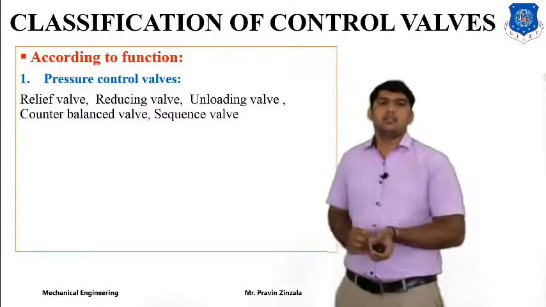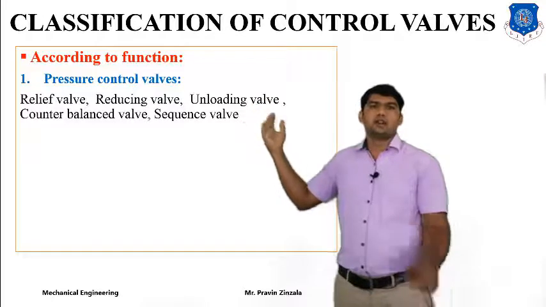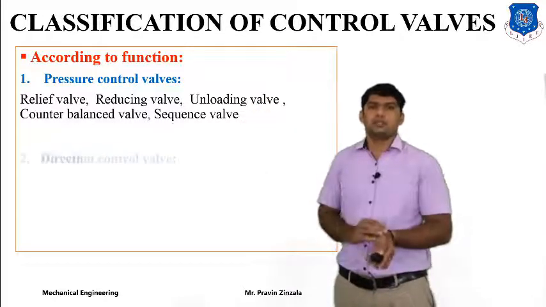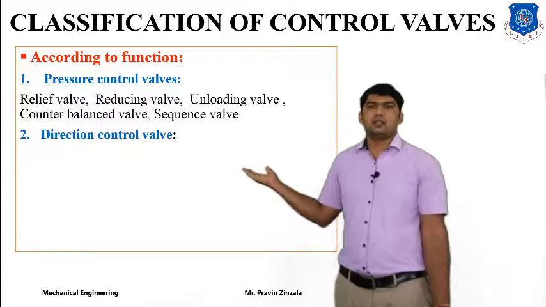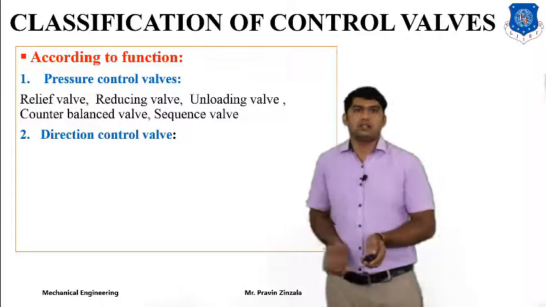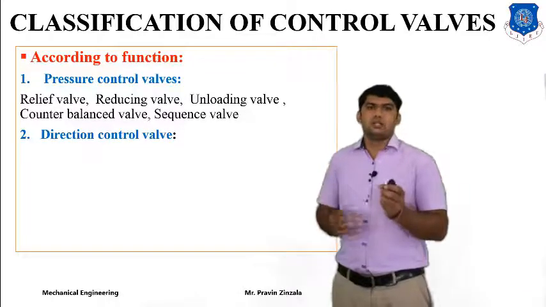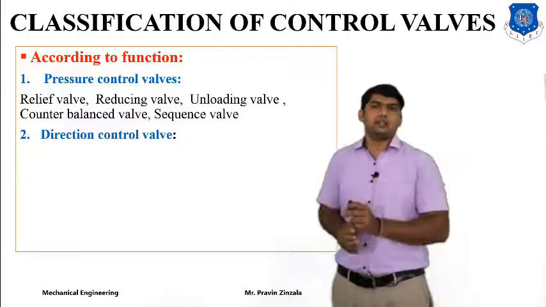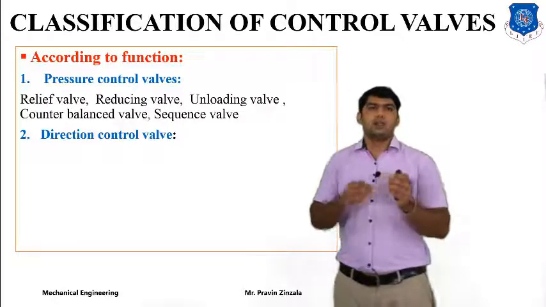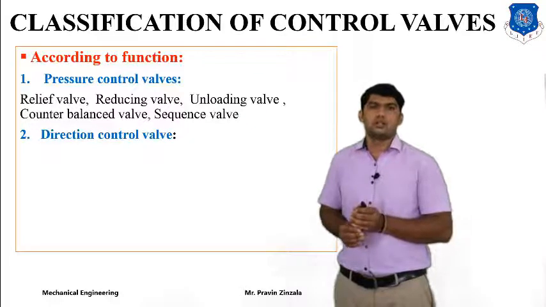In the next lecture, we will discuss in detail the different types of pressure valves and the comparison between them. The second classification according to function is the direction control valve. Direction control valves are generally used to direct the fluid. It means we require the extraction and retraction positions of a cylinder, or the clockwise and anti-clockwise motions of different types of hydraulic and air motors.